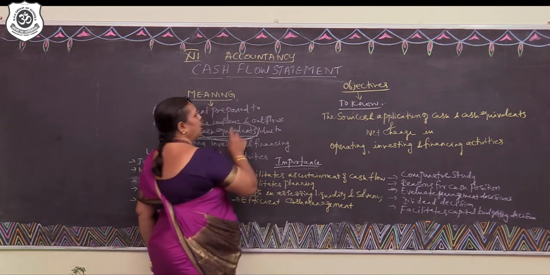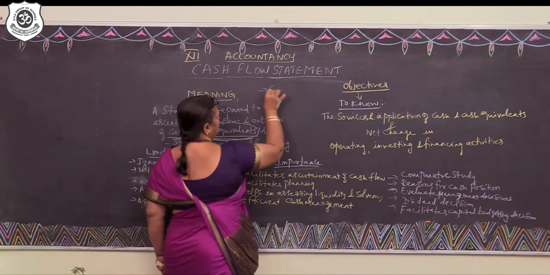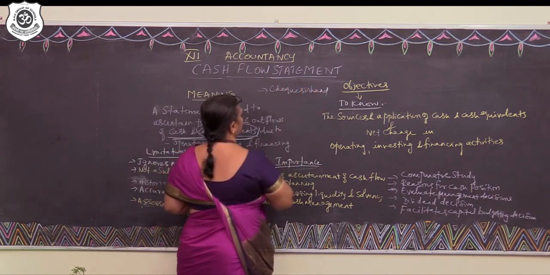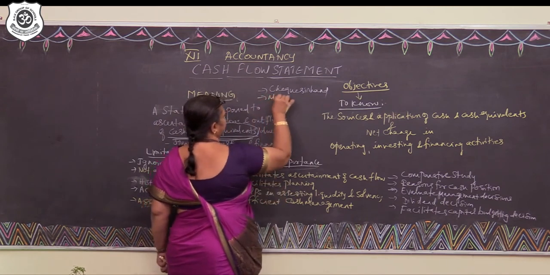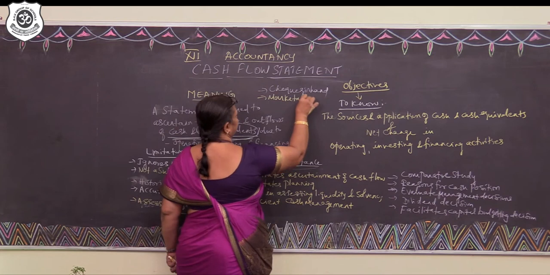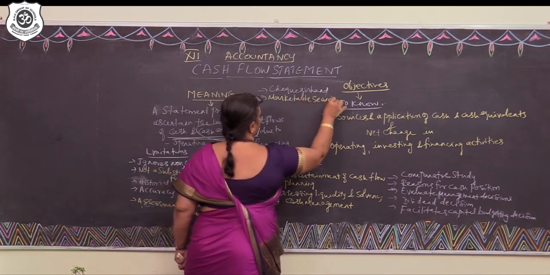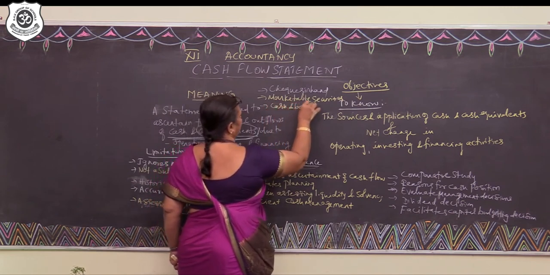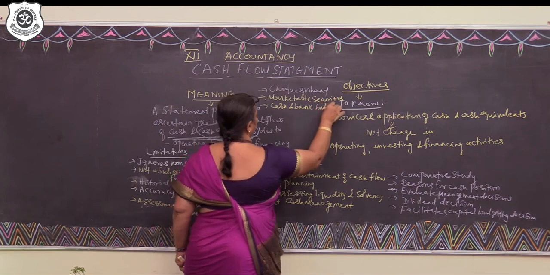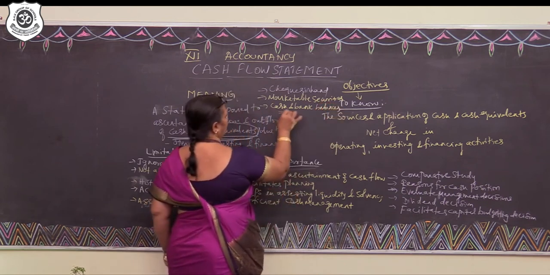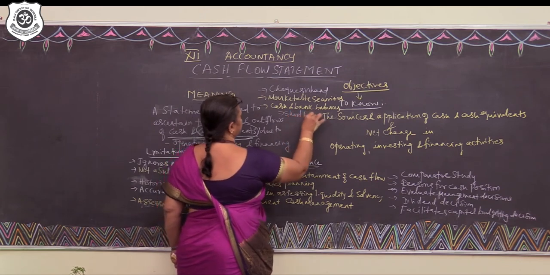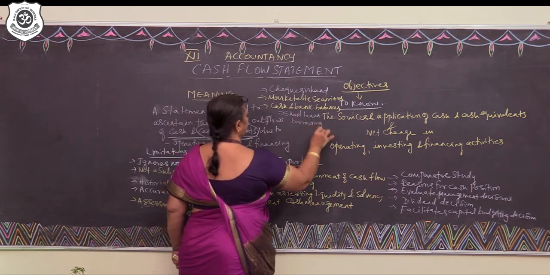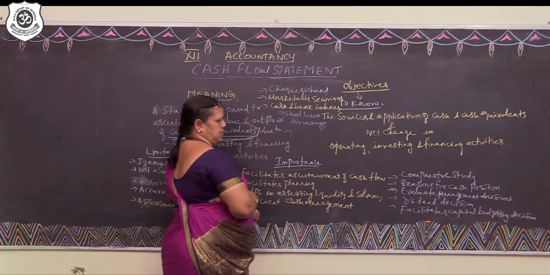So, the examples of cash equivalents may be checks in hand, marketable securities, then cash and bank balances, short-term borrowings or short-term investments also, then current investments.